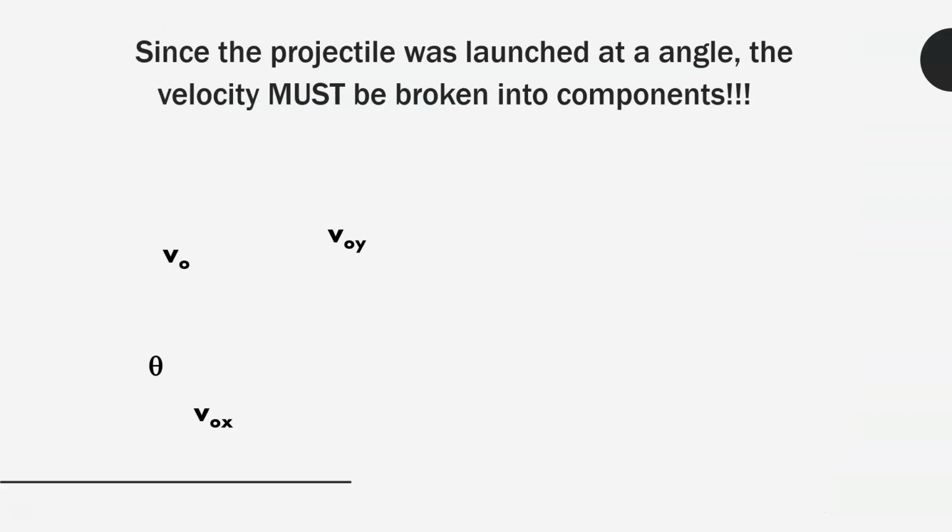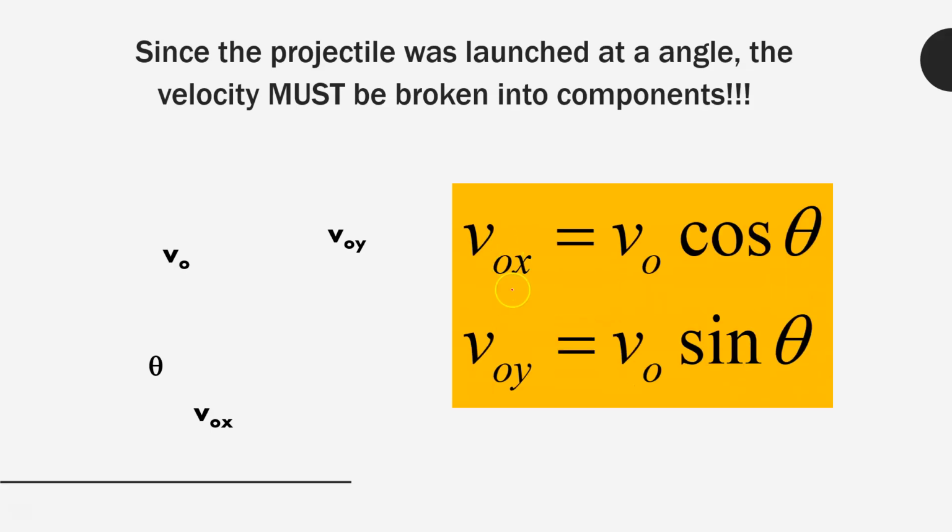Since the projectile was launched at an angle, the velocity must be broken into components, which you can see over here and over here. So this blue line here is our initial velocity v0, where it was launched with the projection angle from the horizontal equal to theta.